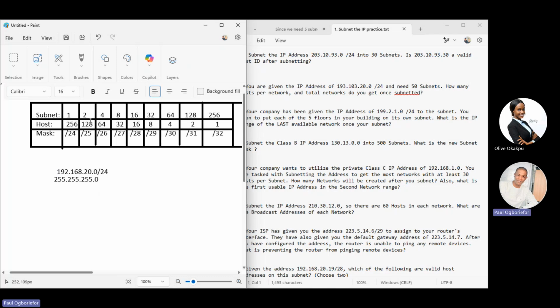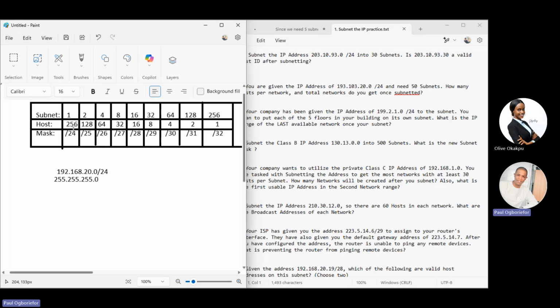Now, if you are dividing the network into two parts, I said earlier that this subnet is as good as same network, right? And it is 256 because that is the maximum number you can get. And if the network is whole, that means you are having 256.